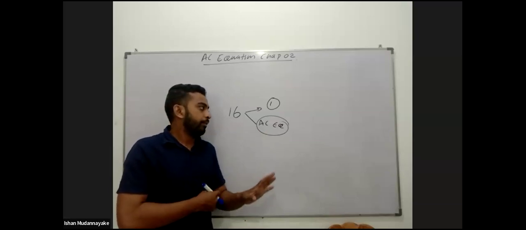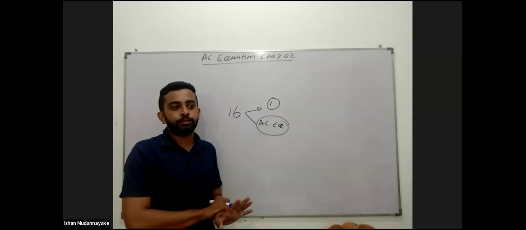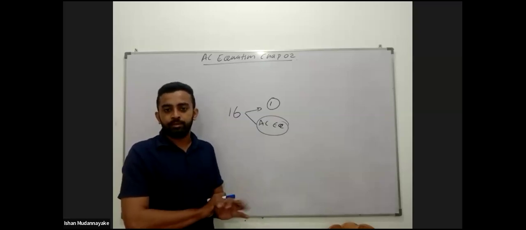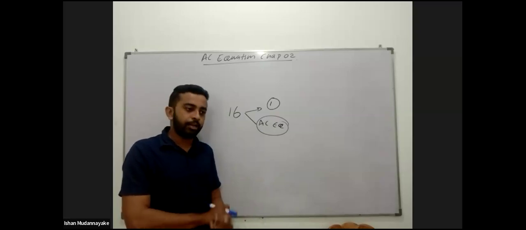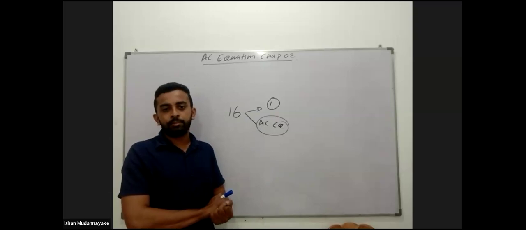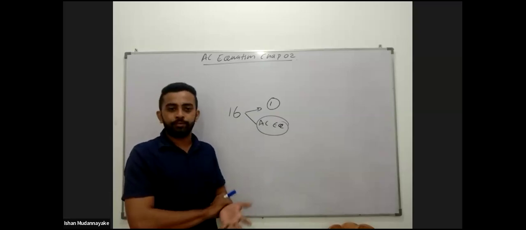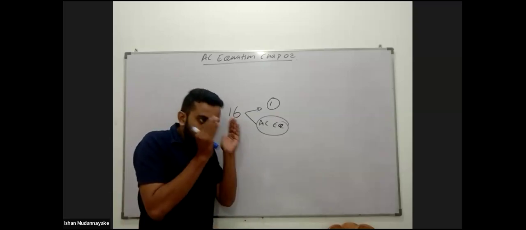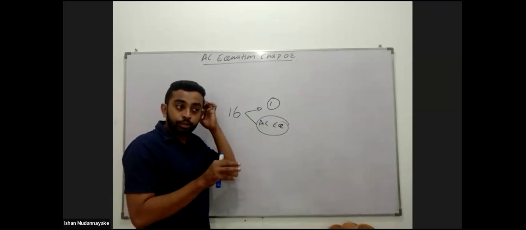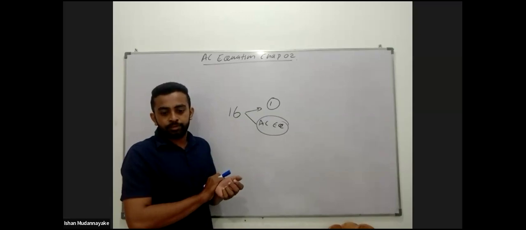Therefore, with the accounting equation, I am going to discuss with you double entries, ledger accounts, trial balance, and then preparation of income statement and statement of financial position. I will give you a logical understanding of accounting through the accounting equation.